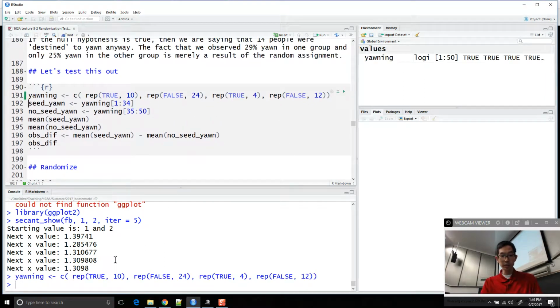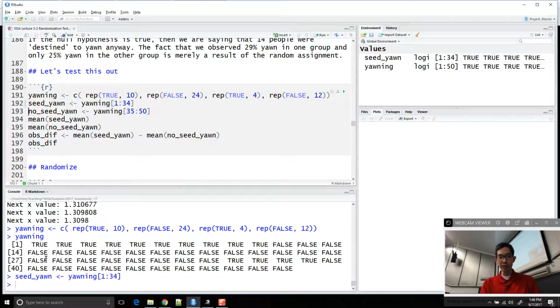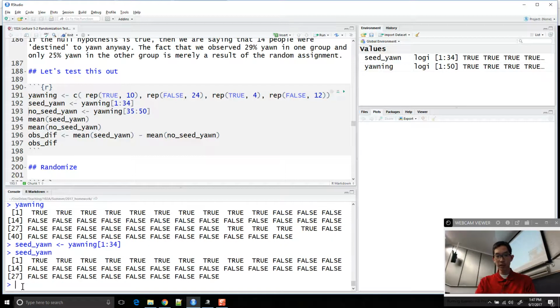Here this is everybody, a vector of 50 true-false values. Then I'm going to assign the first 34 to the seed yawn group, and we can see there are 10 out of 34.